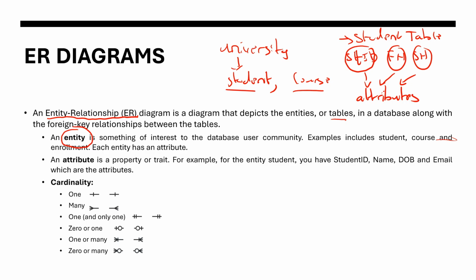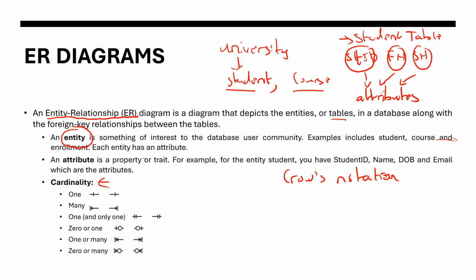The other thing that you would also like to know is that when you are going to draw an ER diagram, there are certain notations that we generally use. For example, there is the crow's foot notation that is extensively used when drawing an ER diagram. When we refer to crow's foot notation, there is something that we refer to as cardinality.